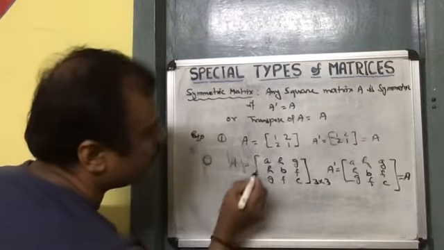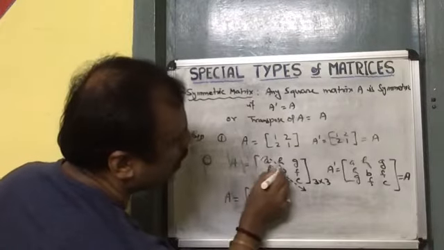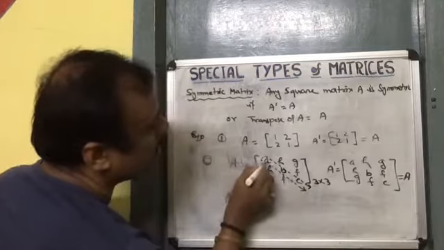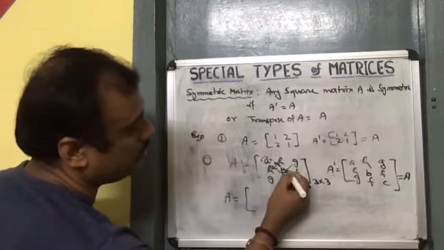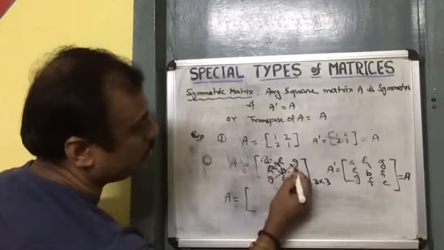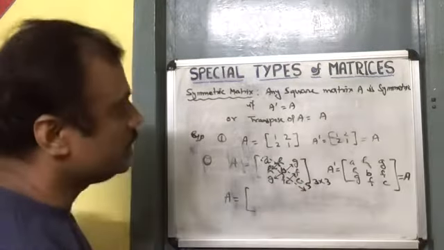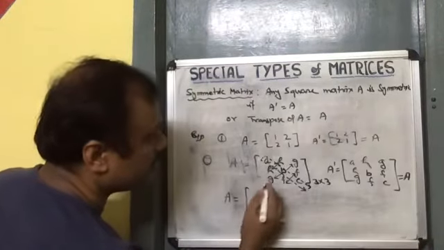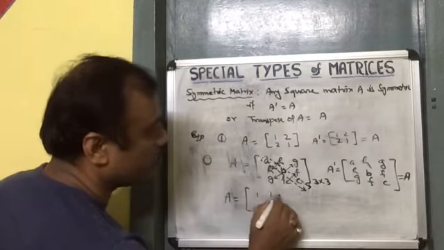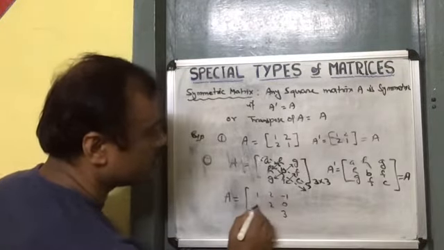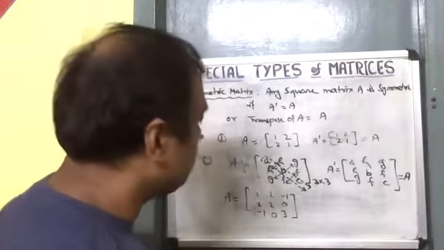Similarly, if I put a mirror at the main diagonal, then we can see the mirror images are the same. So for any matrix of such type, if I put 1, 2, 3 on the main diagonal, and here 2, minus 1, 0, it will definitely be symmetric.